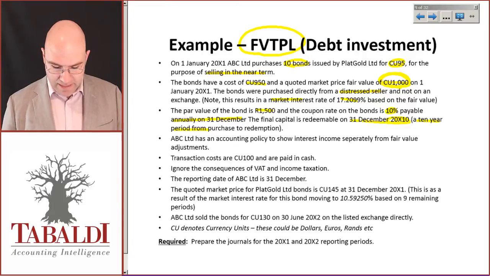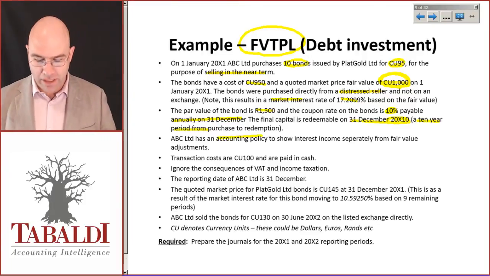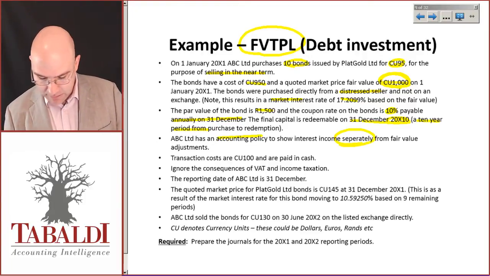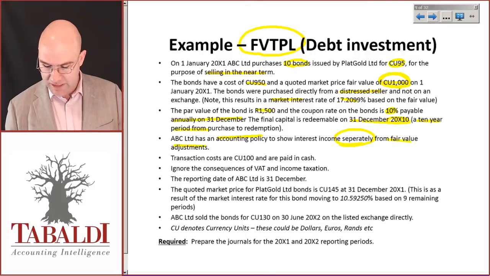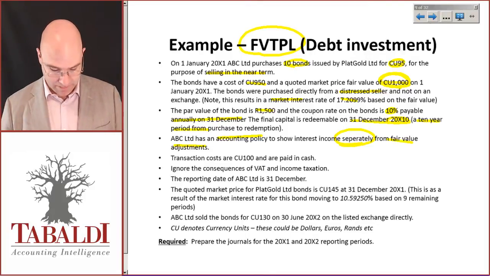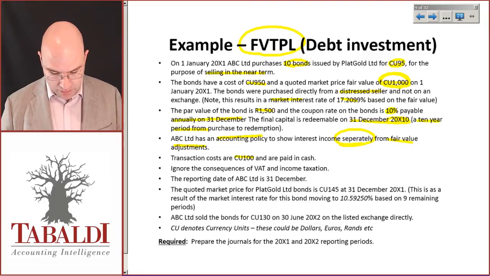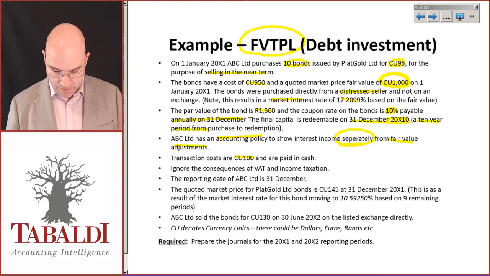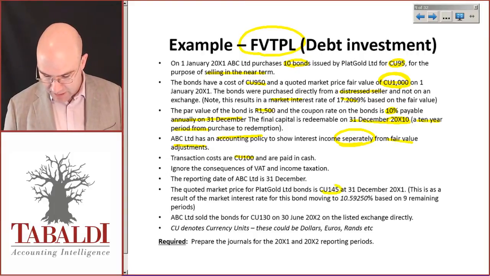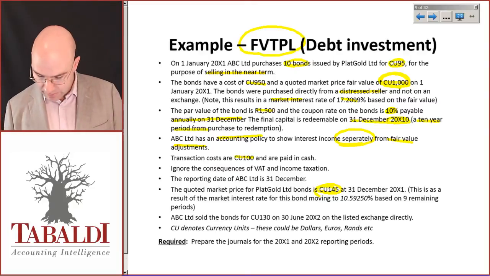ABC has an accounting policy to show interest income separately from the fair value adjustments. It's a choice, right, by the company. Transaction costs of 100 paid in cash. The VAT and income tax we're ignoring. Reporting date 31st of December. Quoted price for the bonds at year end is 145.